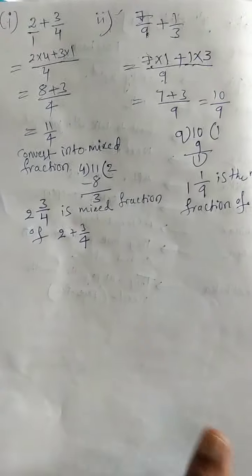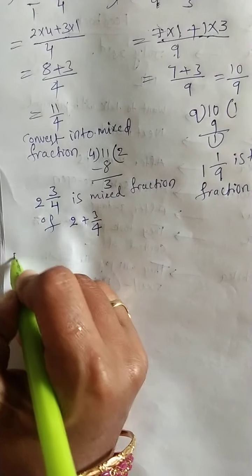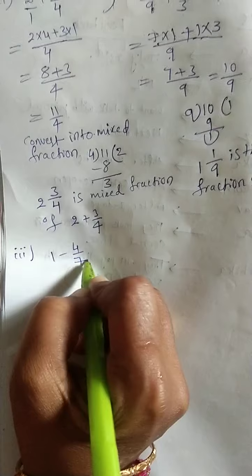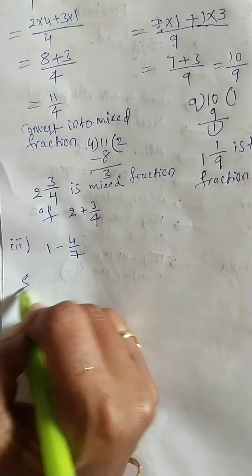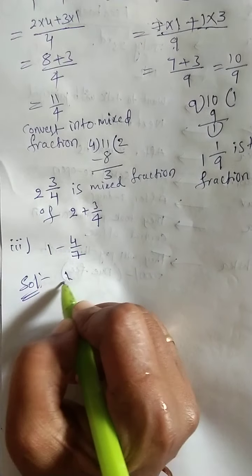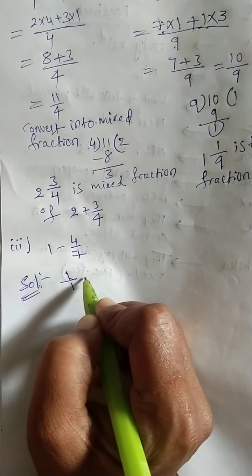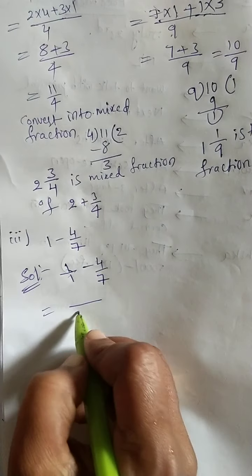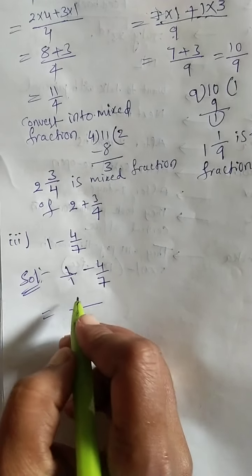Next, third bit. The third bit is given: 1 minus 4 by 7. Here in this solution, 1 is there, so we can write that 1 as 1 by 1 minus 4 by 7. Now you have to compute this value. For 1 and 7, the LCM is 7.